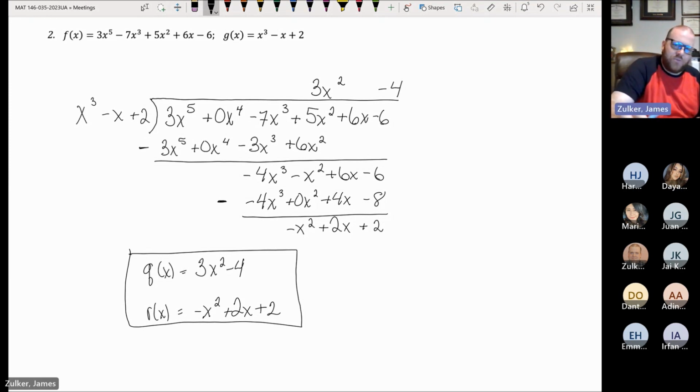Also notice that when I wrote both the divisor and the dividend, I wrote them in standard form. They have to be written in standard form for polynomial long division.